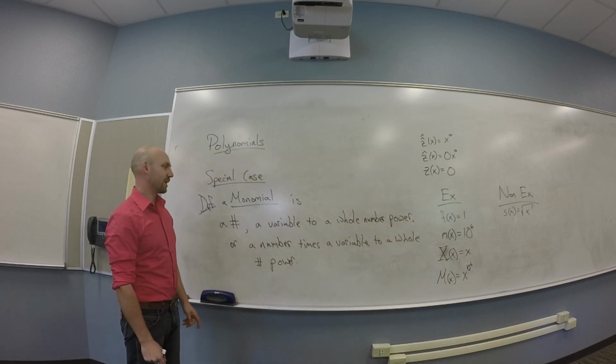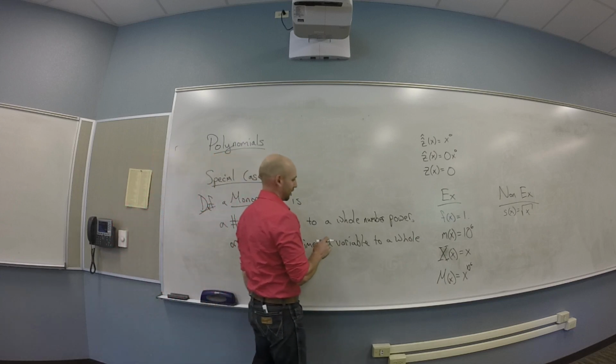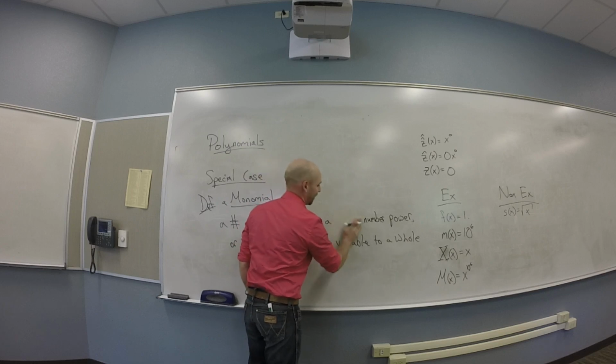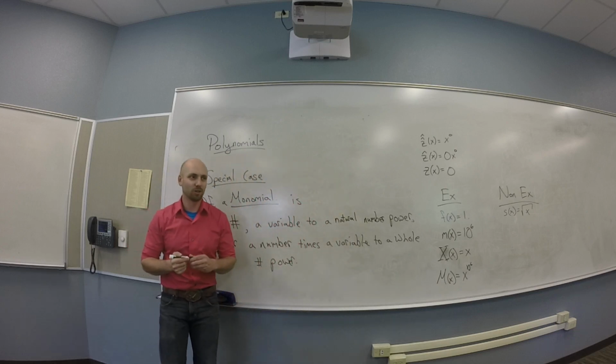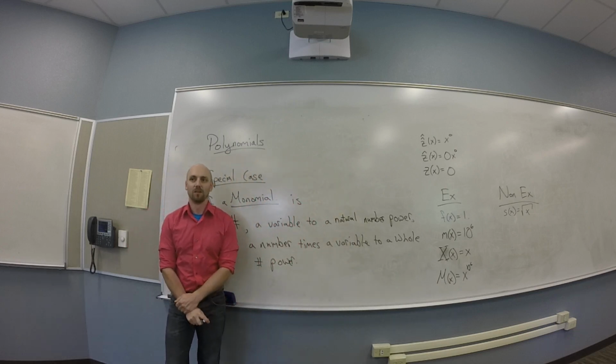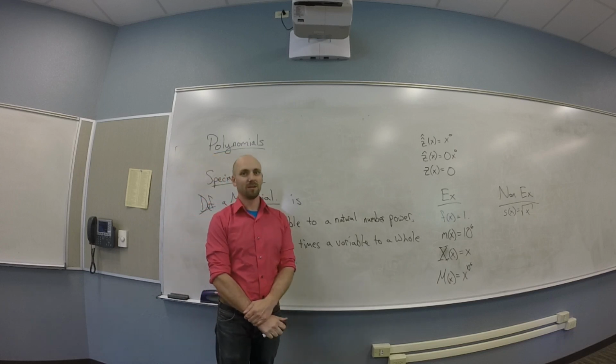Really, probably I should make this natural number power. What's the difference between the whole numbers and the natural numbers? It excludes 0. So what's the problem I'm trying to sidestep right now? The 0 power. I'm trying to sidestep 0 to the 0 power.